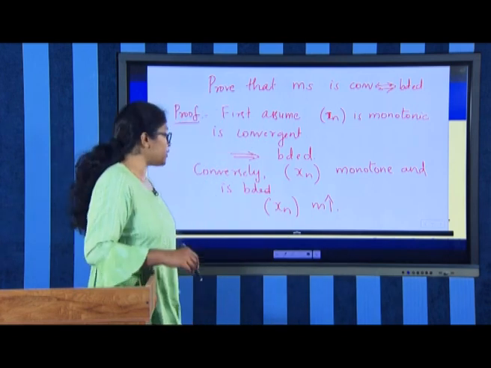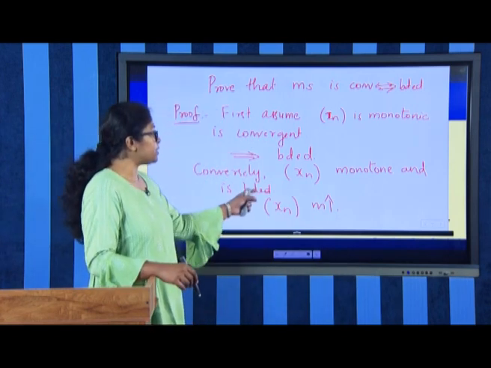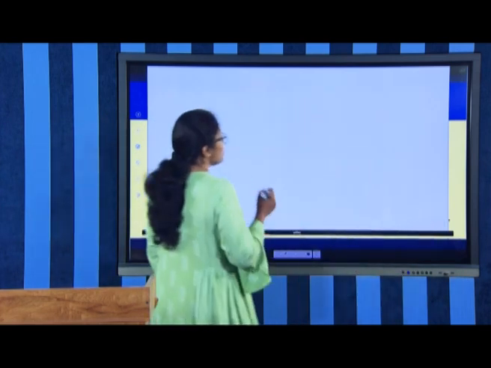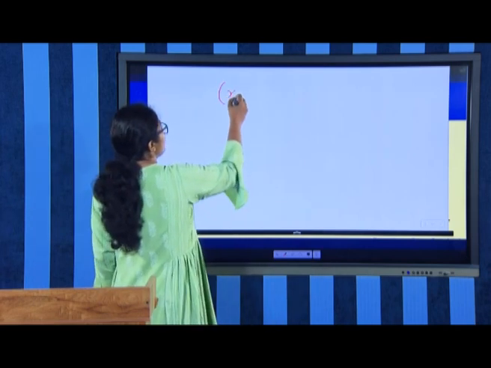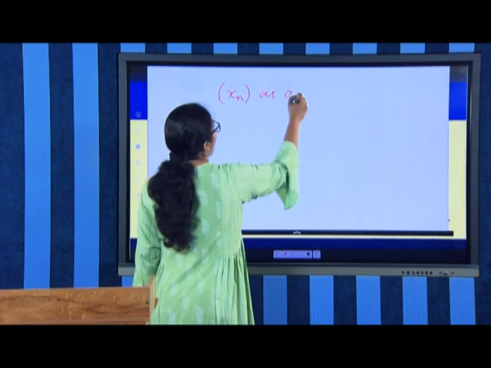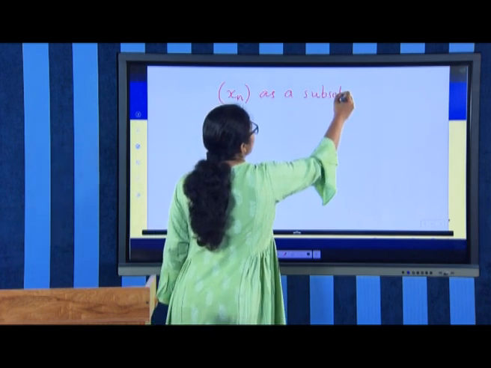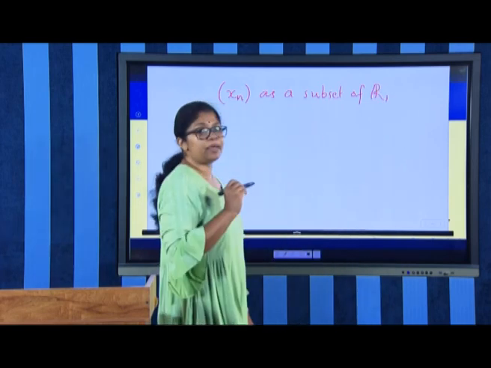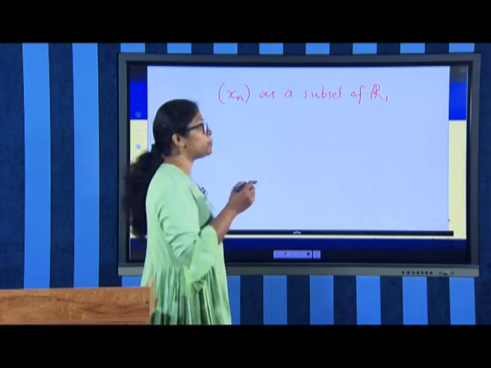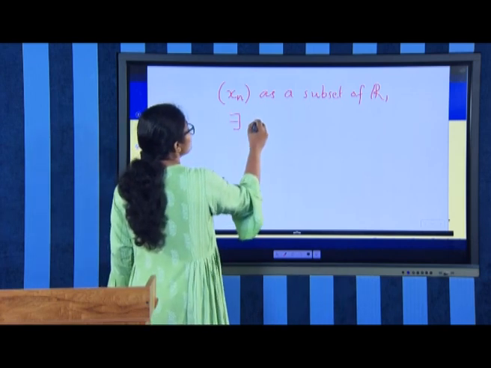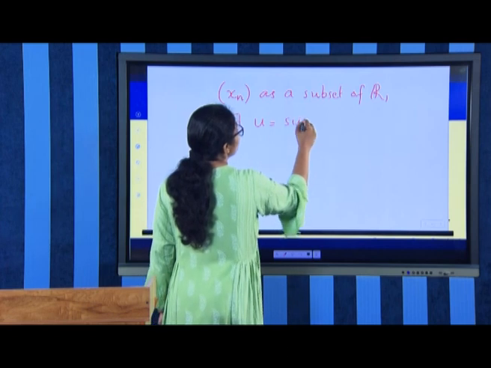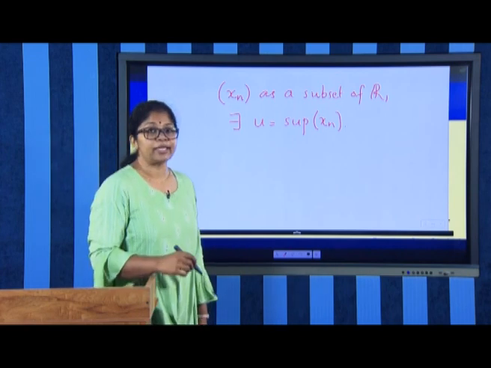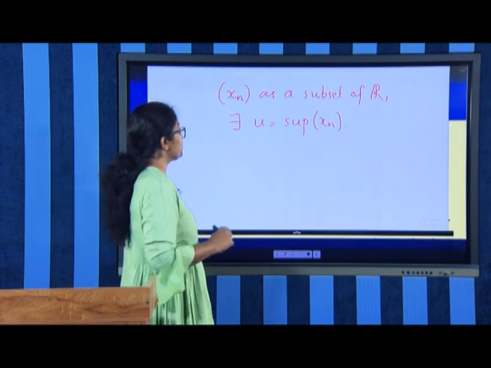Given that this sequence is bounded, considering the sequence xn as a subset of the set of all real numbers, by the supremum property of R there exists a supremum, say U, for the sequence xn. This is ensured by the supremum property of real numbers.